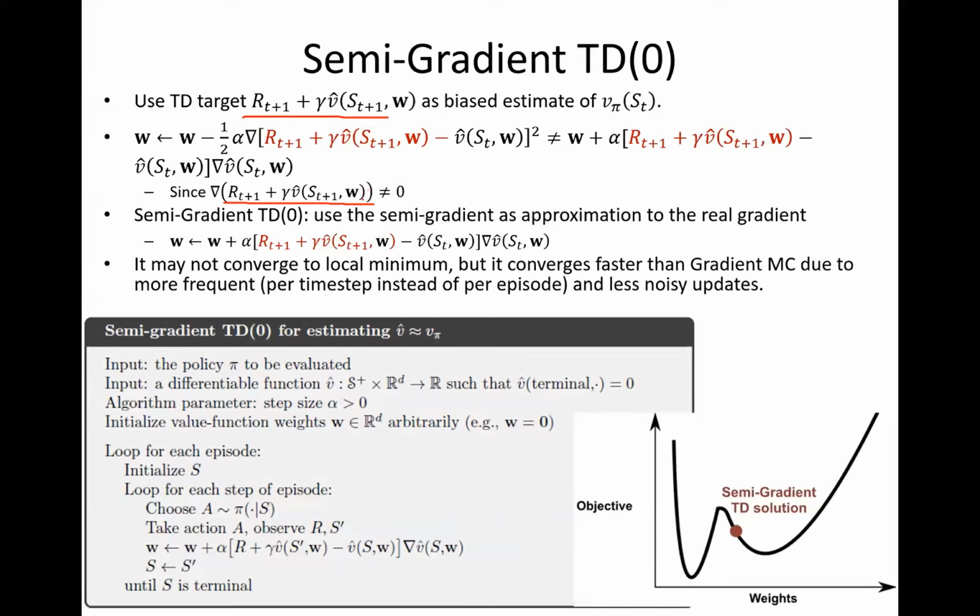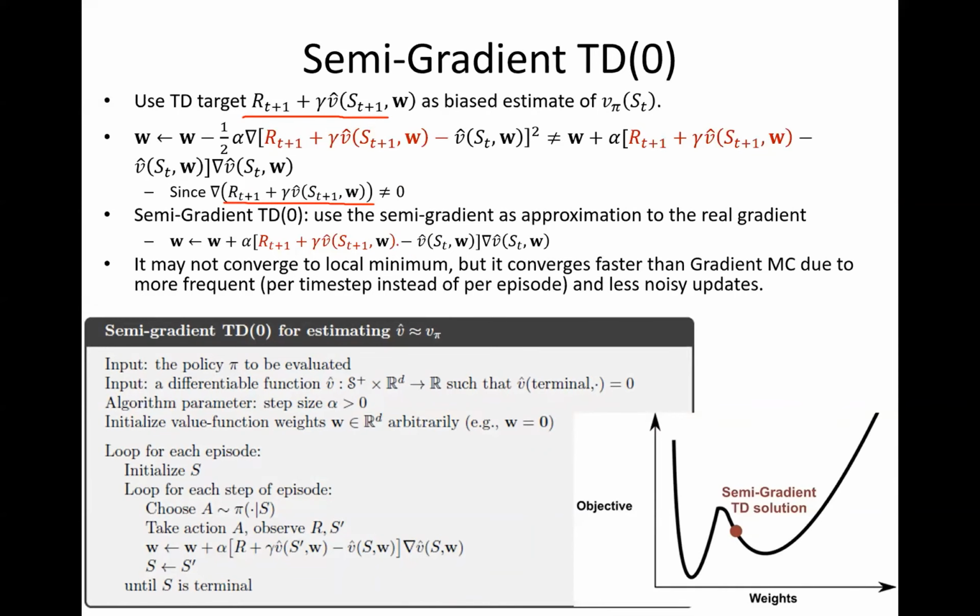So this gradient is not equal to 0. However, we pretend it's 0 and simply call it a semi-gradient.